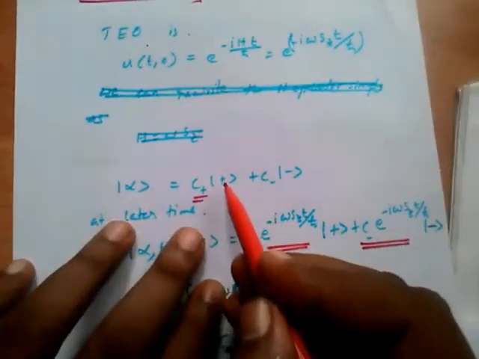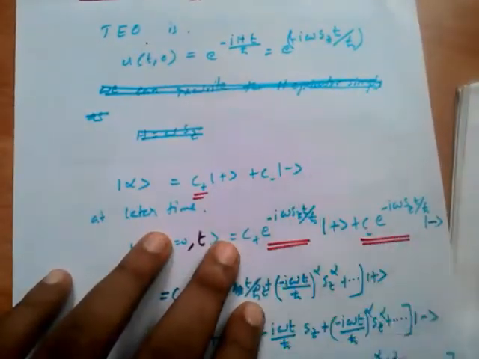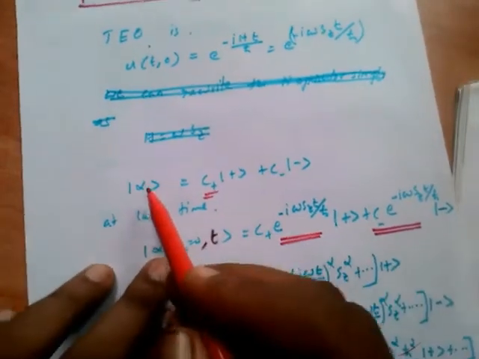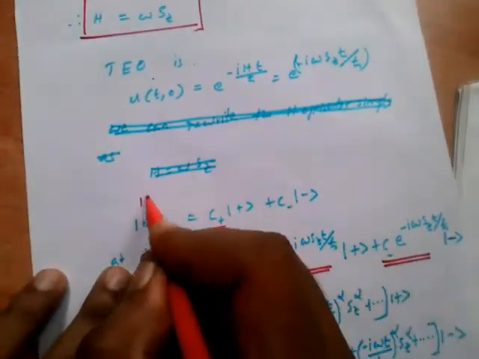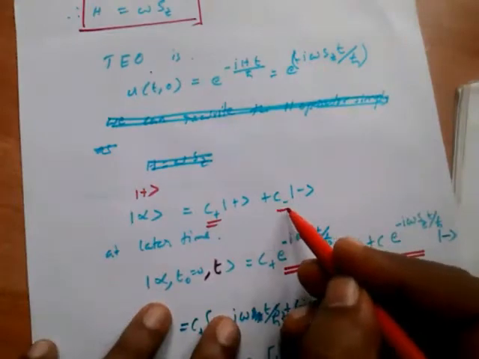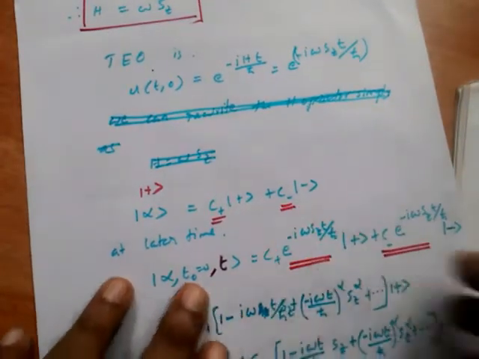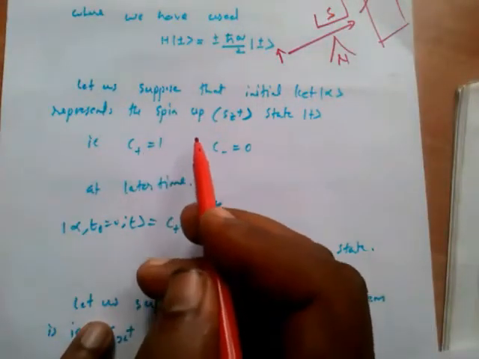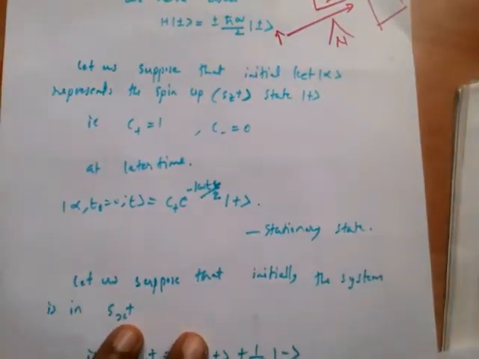Actually, our state we used to expand as c plus plus c minus minus. If the initial state itself is a plus state, then c minus equal to 0, as I have mentioned here. That is c plus equal to 1, c minus equal to 0.